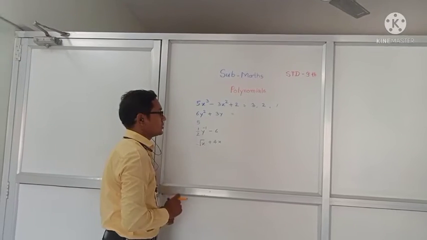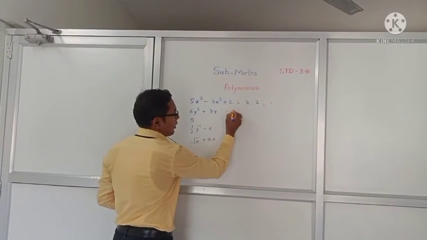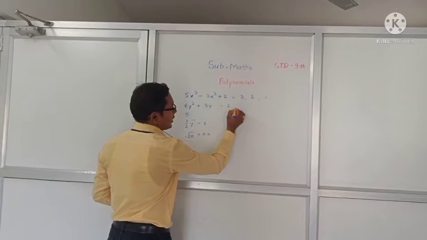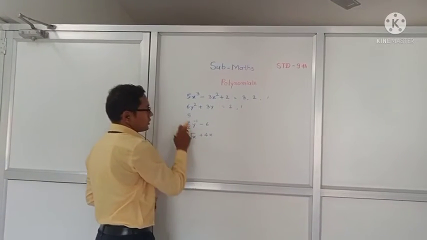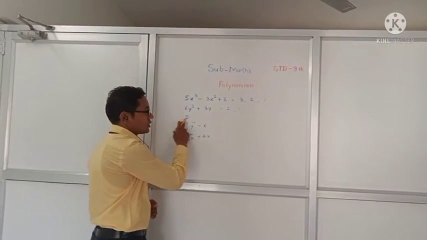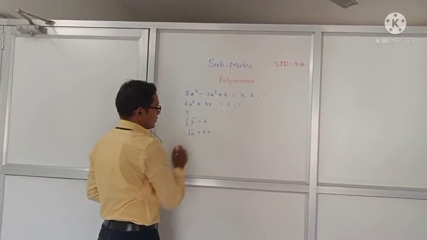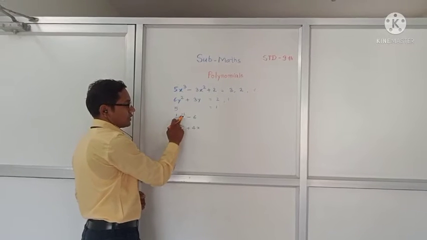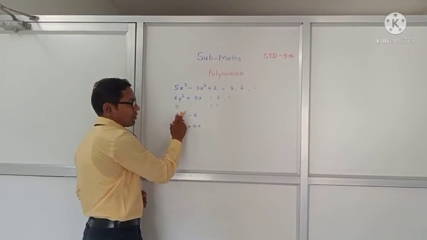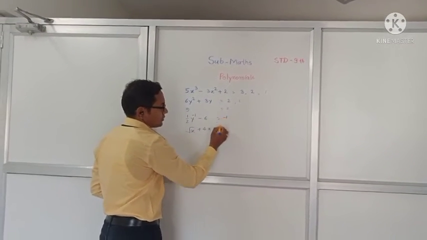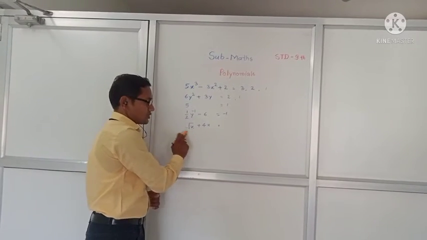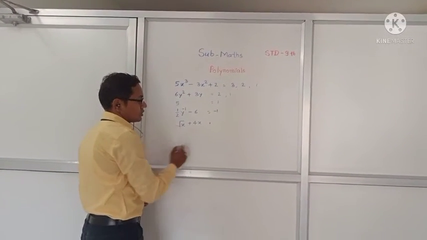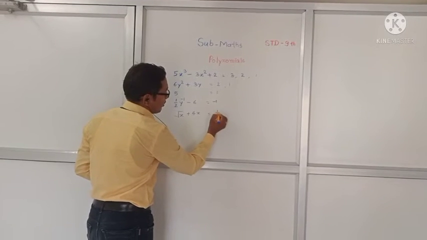In this expression, y has power 2 and this y has power 1. 5 is the constant. In this expression, y is raised to the power minus 1. In the last expression, there is an under root, so the power is 1 upon 2.